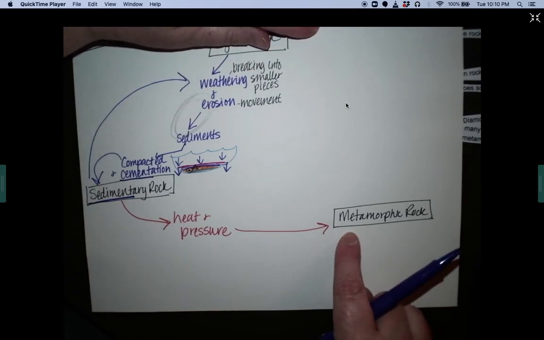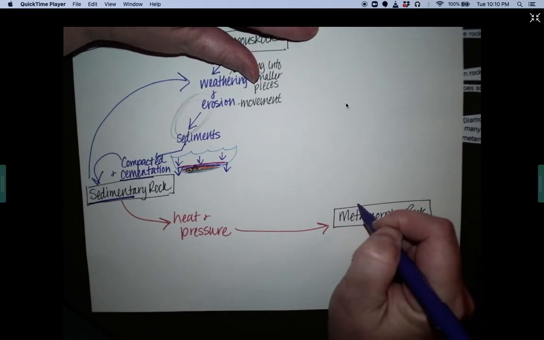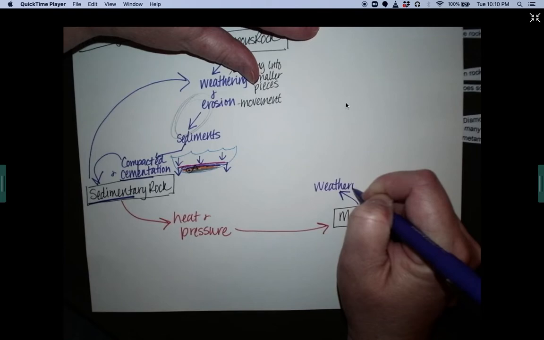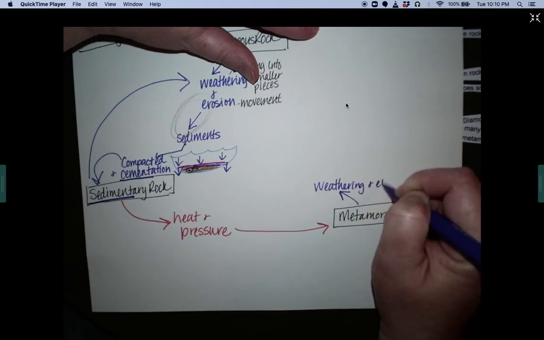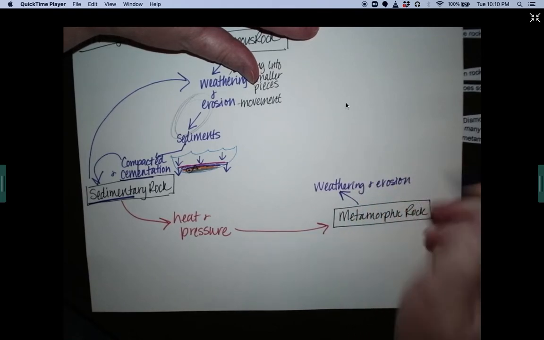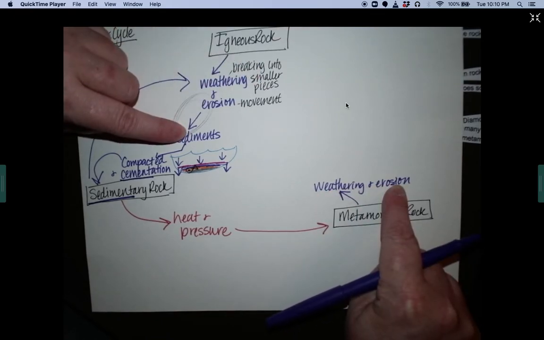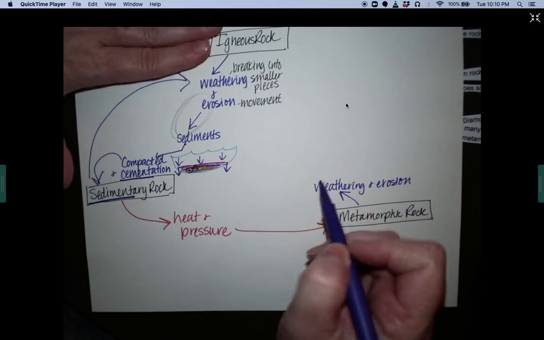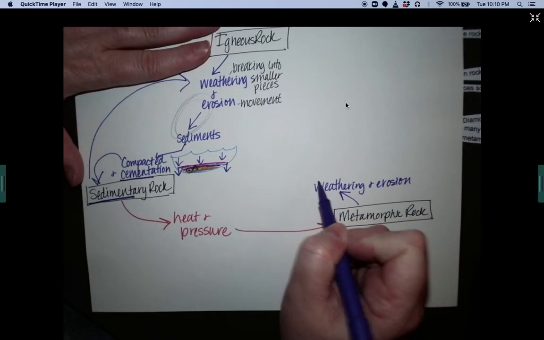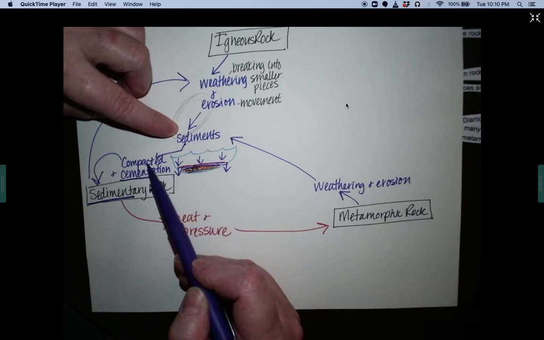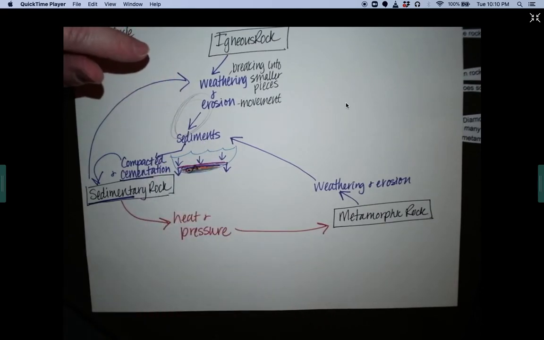But metamorphic rock can go through weathering and erosion. It typically takes a lot more of this to make sediments, and then the sediment gets compacted and goes back into sedimentary rock. So that can happen.